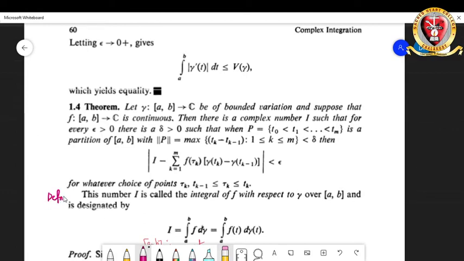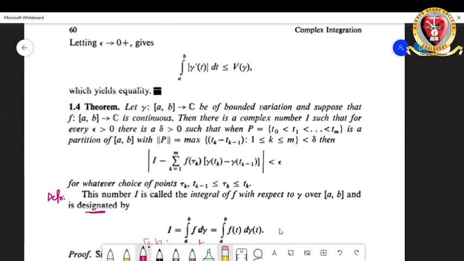The definition says this number I which satisfies this property is called the integral of f with respect to gamma over the closed interval [a, b], and it is denoted by I equals the integral from a to b of f d gamma, which is equal to the integral from a to b of f of t d gamma of t.